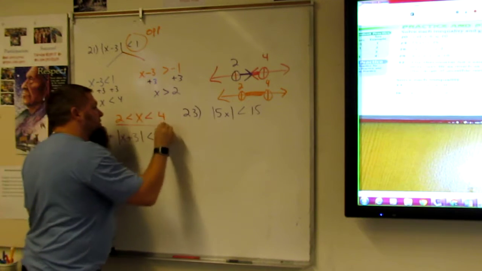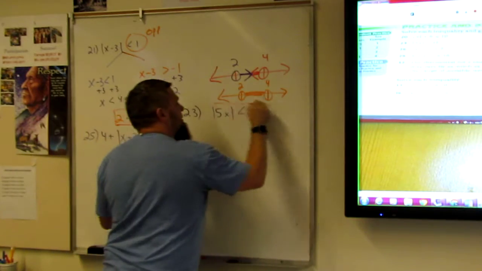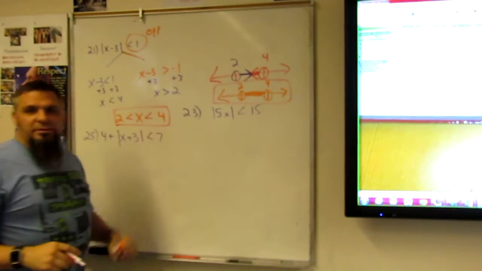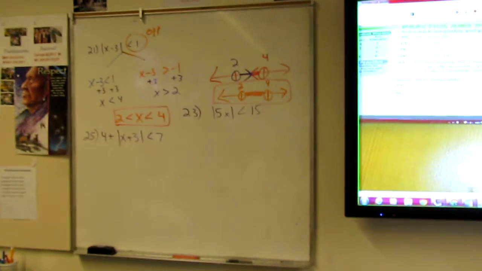And that is your answer, because you have to give it in terms of just one x. You're not supposed to give 2 x solutions, like x is less than 4 and x is greater than 2. They want it in one x solution.